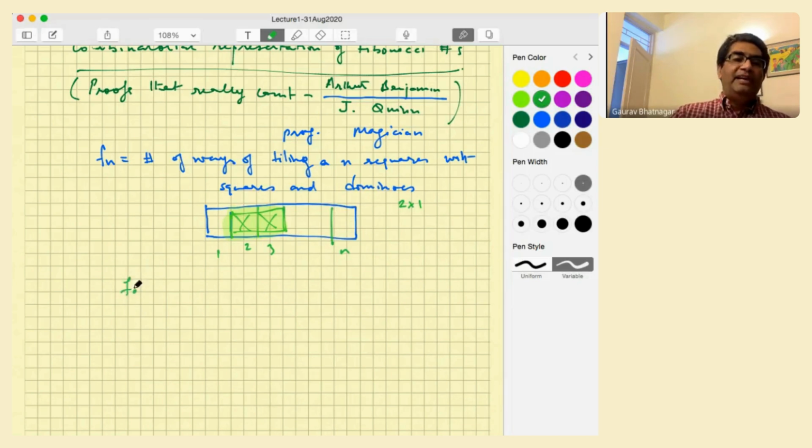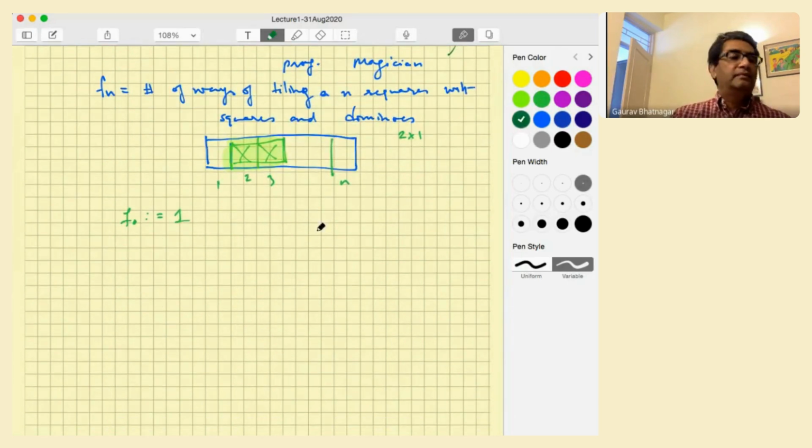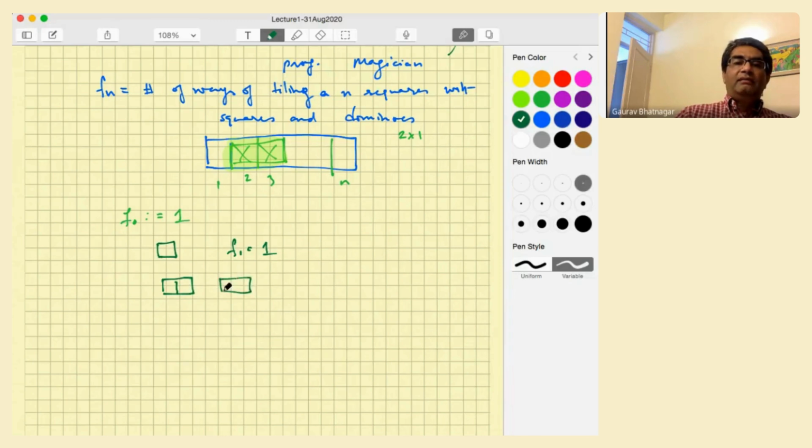So we define f0 to be 1. Okay. If there's just one square, then there's only one way of tiling it. If there are 2 squares, then there are 2 ways of tiling it. One is with 2 squares, and one is with a domino.